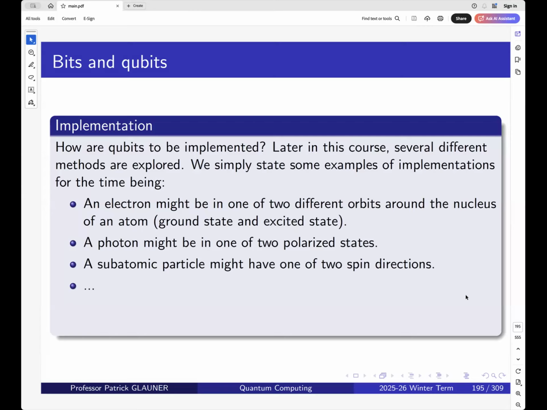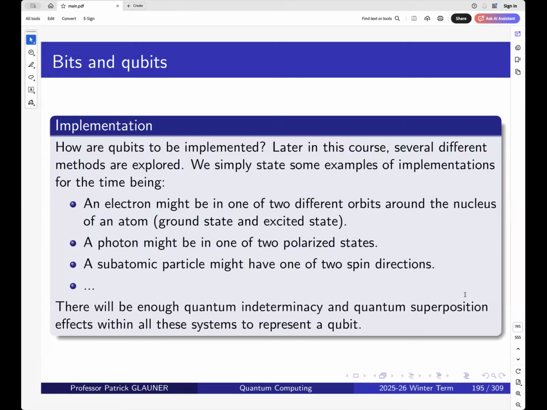And there are lots of other ways, also with ion traps and other things, how a quantum computer could be implemented concretely in a piece of hardware so that we represent qubits in some physical way. This is just an example; we will see other ways to represent this in a real quantum computer in a few chapters.